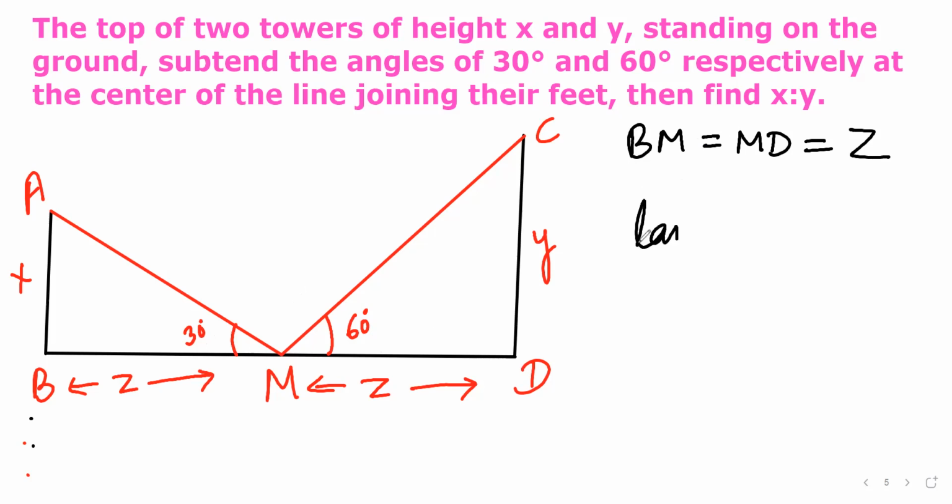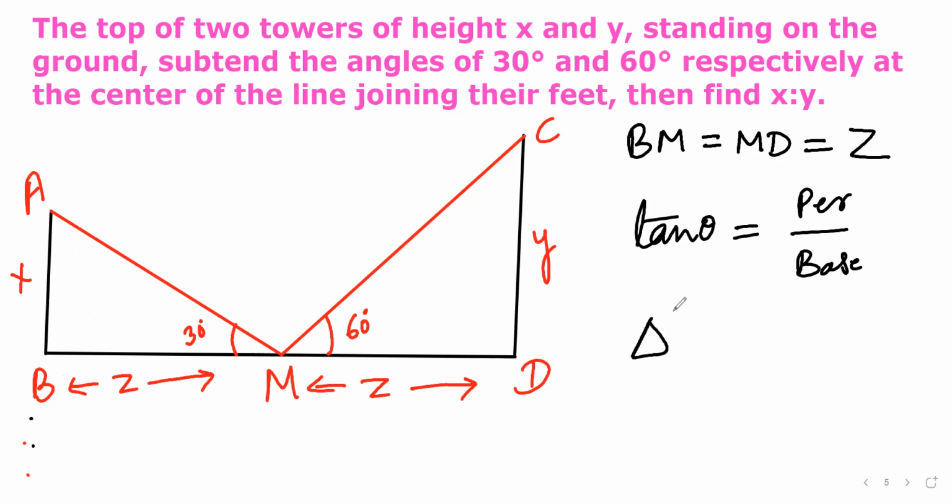Let us take it as tan theta. Again, why tan theta? Tan theta equals perpendicular divided by base. Correct. So first we'll start with the smaller triangle.